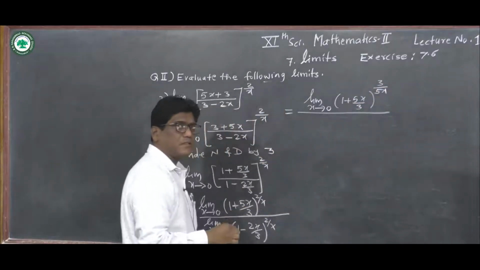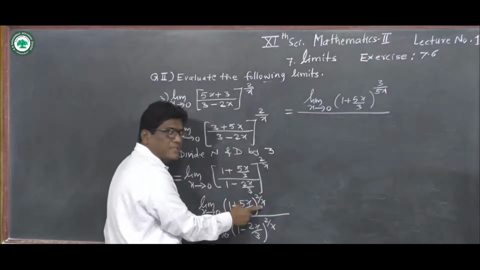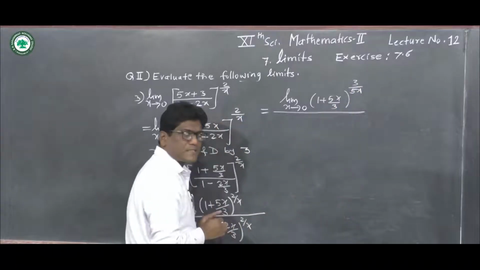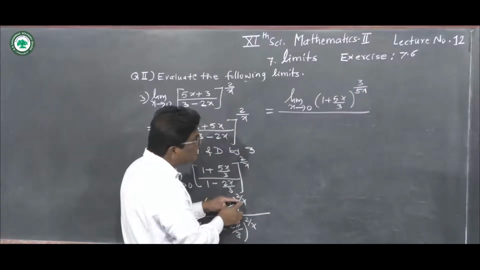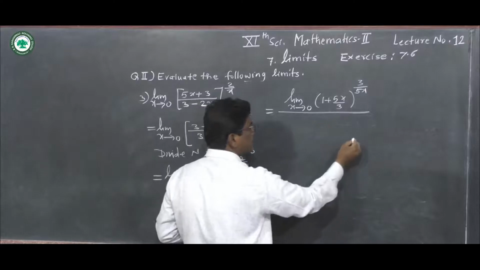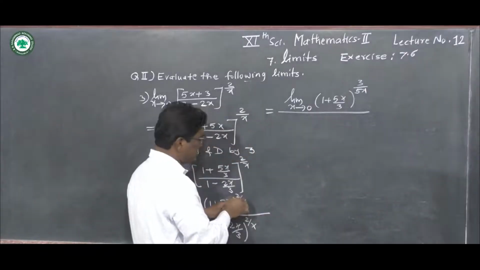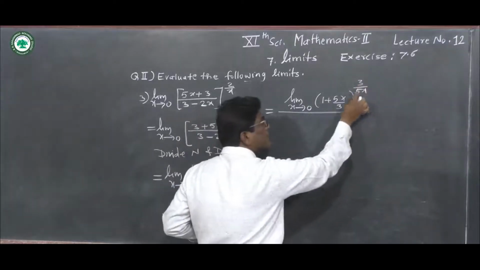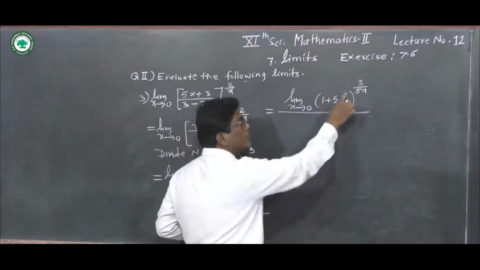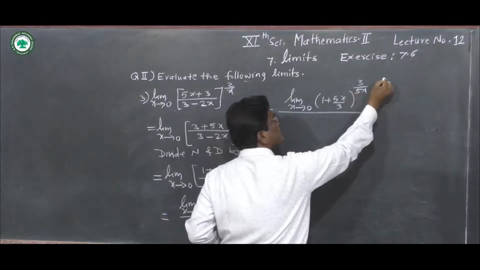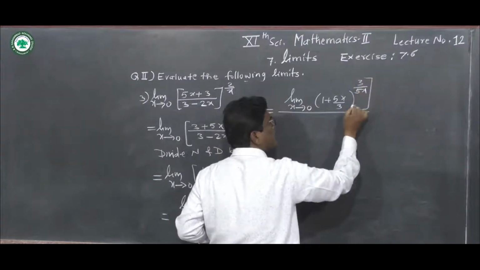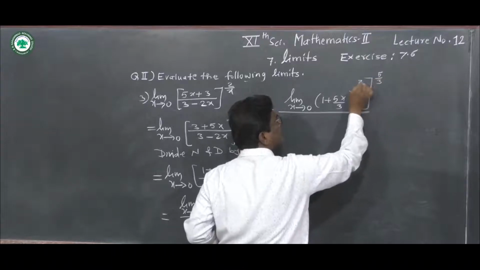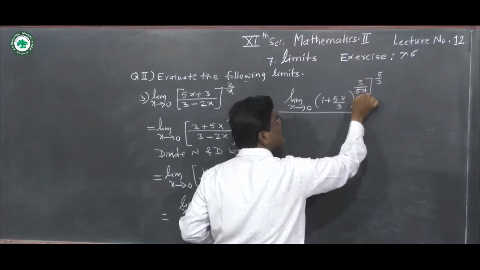Now see here, the power is 2 upon x. Here we have taken 3 upon 5x. Out of that, 1 upon x is present. And here we adjust 3 upon 5. To cancel this 3 upon 5, we take a square bracket and write 5 upon 3; the 3 and 3 get cancelled, 5 and 5 get cancelled, leaving 1 upon x.